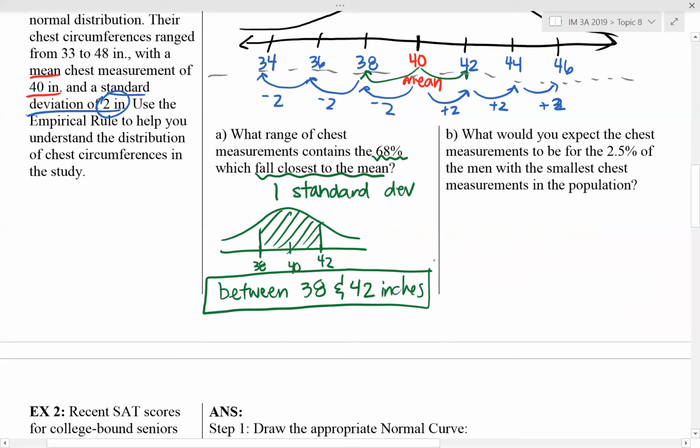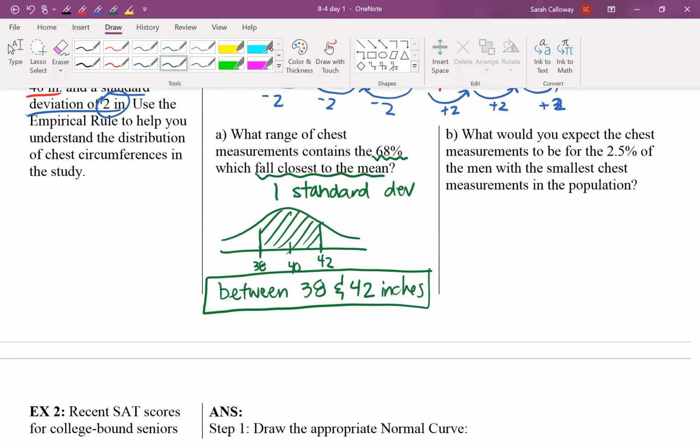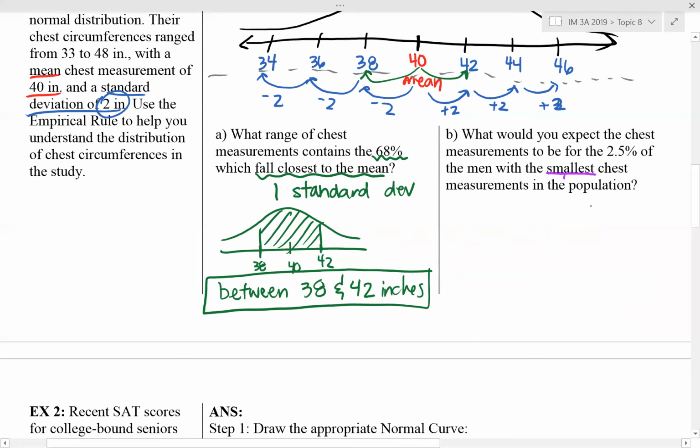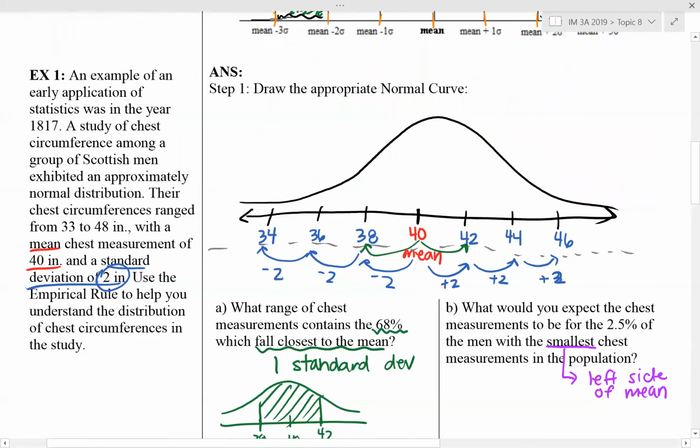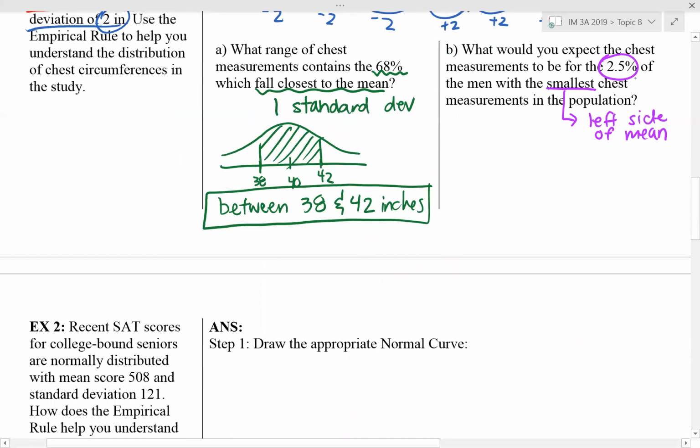What would you expect the chest measurements to be for the 2.5% of men with the smallest chest measurements? Smallest is going to be on the left side of the mean. Looking at the empirical rule, the 2.5% is anything below 2 standard deviations.